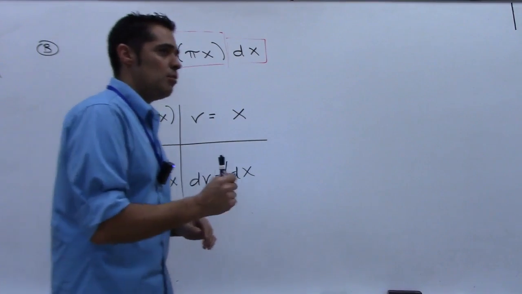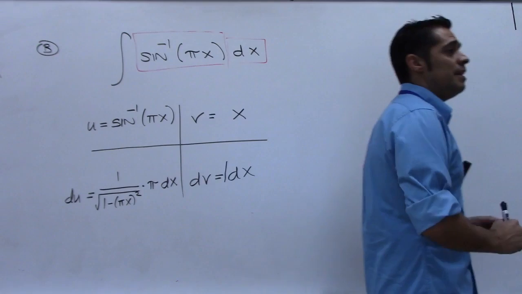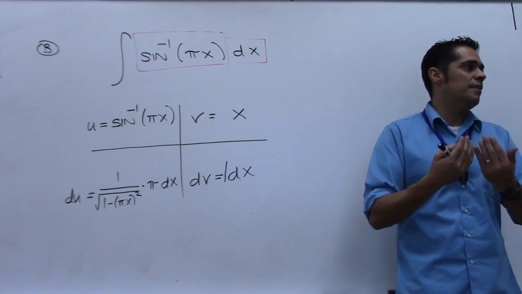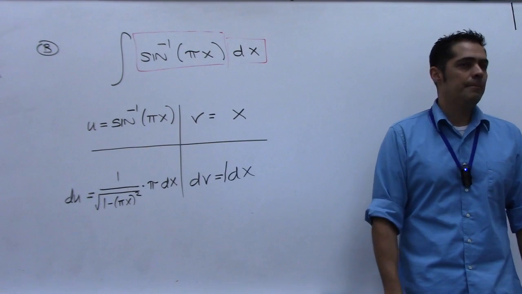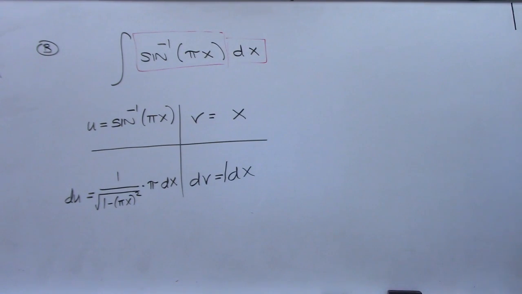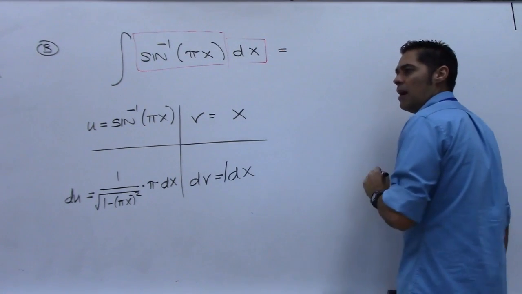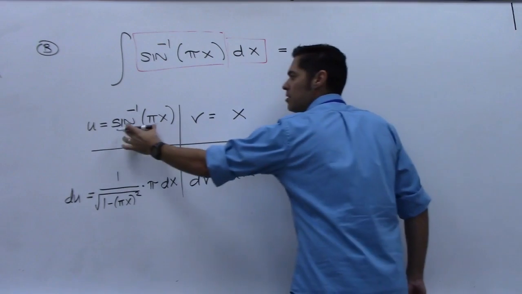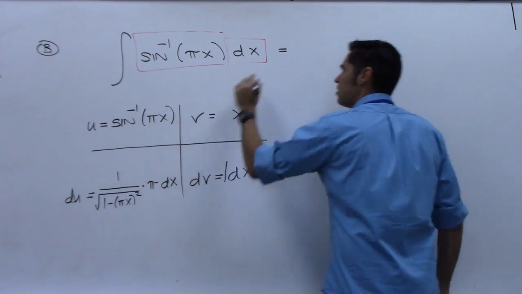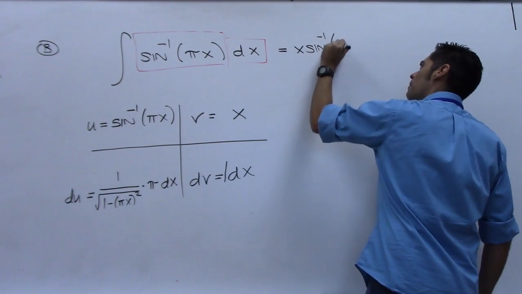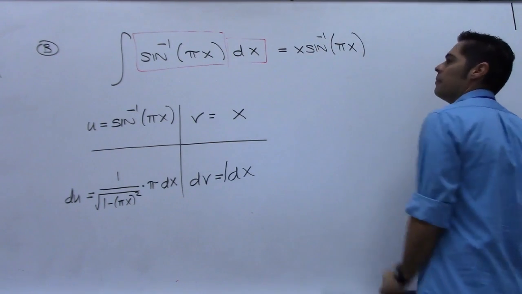The thing that should tip you off is when you choose dv, you better be able to integrate it. If you can't integrate dv, you're in trouble, right? All right, so let's move on here. We're not done. This should turn into uv, which is going to be this times this. So that's just, I'll put the x in front, x arc sine of pi x. Do we agree?